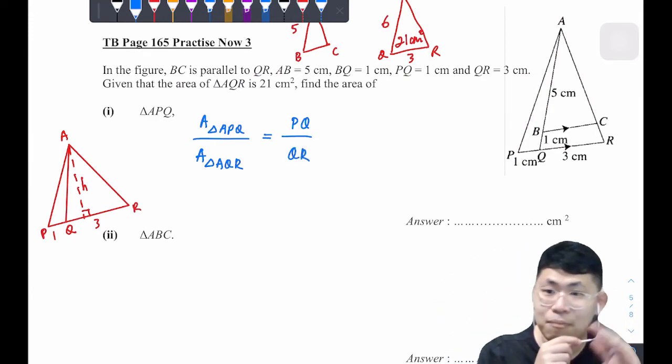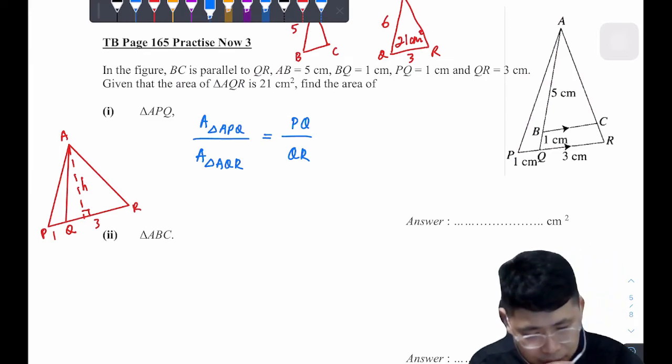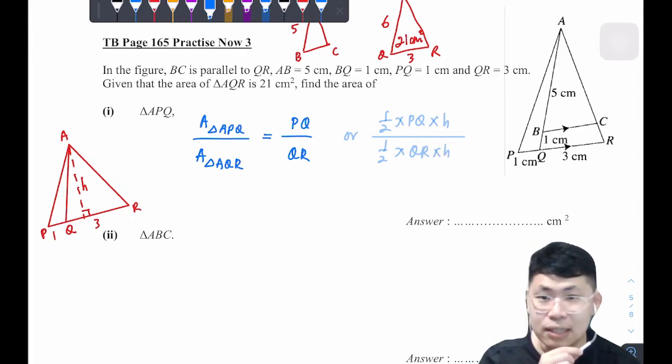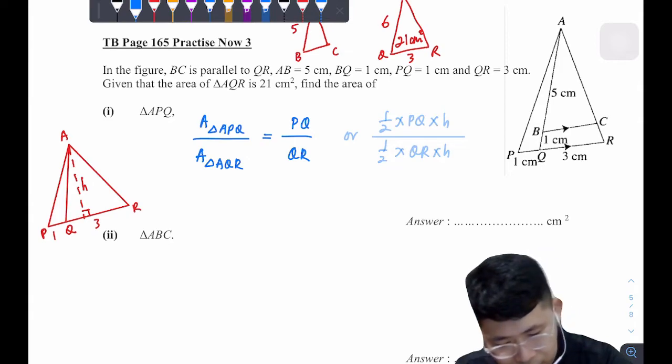I have half base height, but it can cancel off. If you cannot see, I encourage you to do half times base times height, and then half times base times height. Then you can cancel off the half and the height. But if you can see straight away, we can do this.